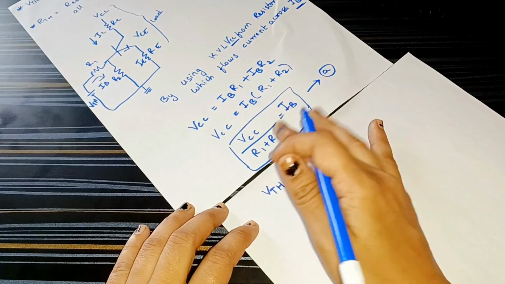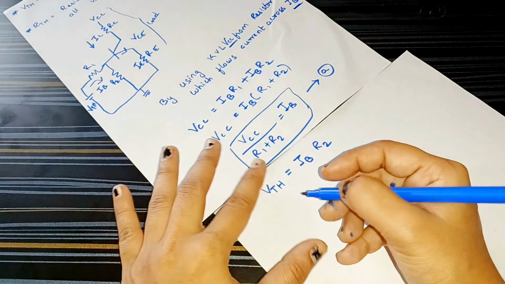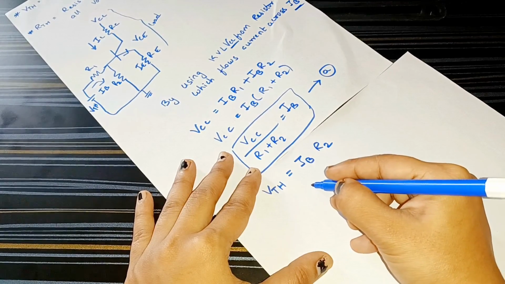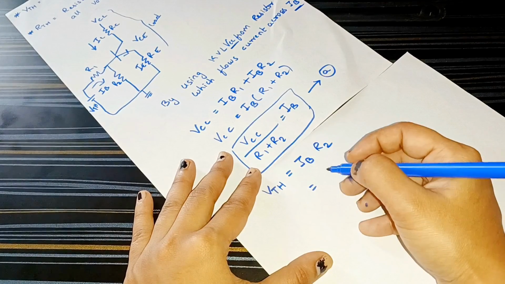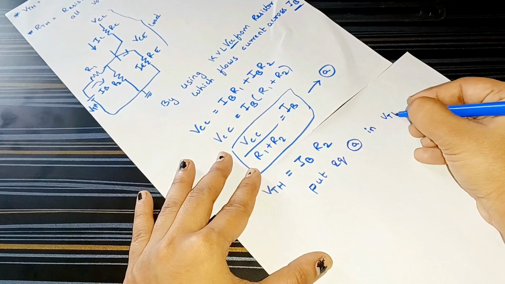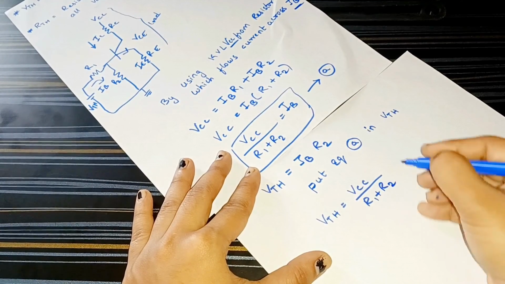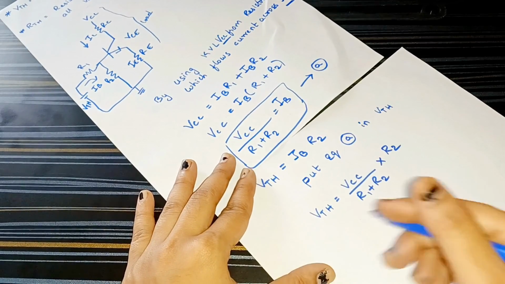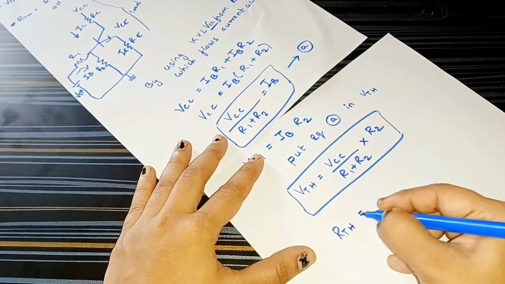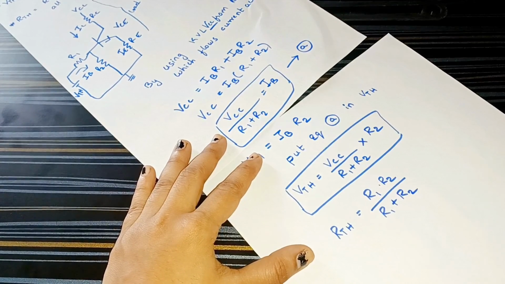Now we find the VTH value. VTH equals IB into R2, since this is the voltage across the base-emitter side. Putting equation A in, VTH equals VCC into R2 divided by R1 plus R2.